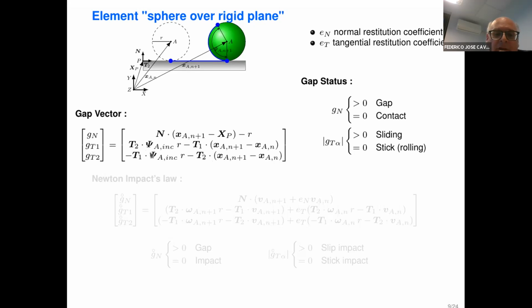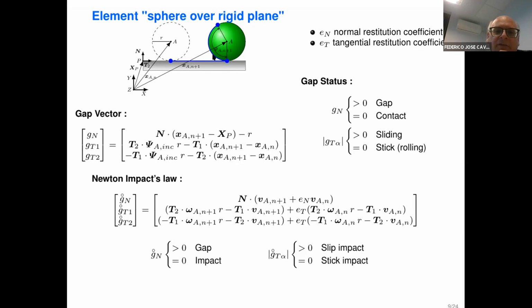And the incremental rotation multiplied by the radius of the sphere represents the arc length of the sphere. So if this length is equal to the arc length of the sphere, the sphere is in rolling movement or in sticking. In other case, the sphere is in sliding, because this distance on the plane is different to the arc length on the sphere.